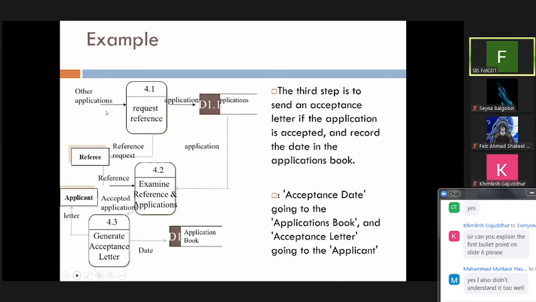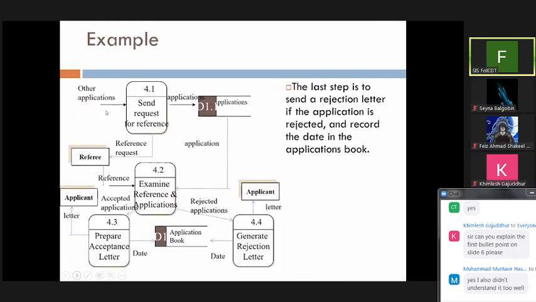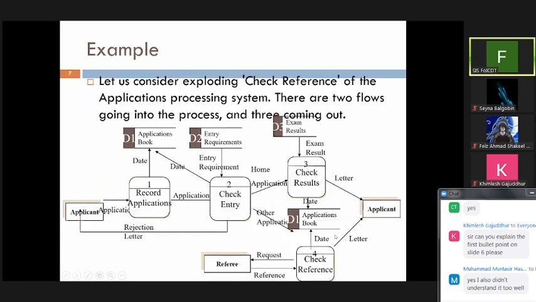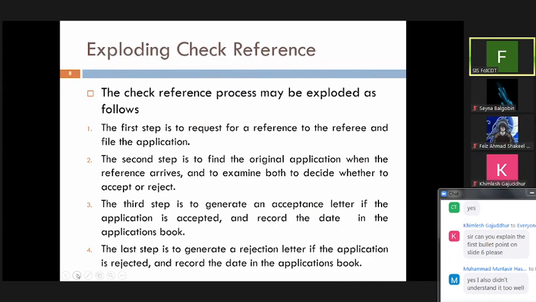Okay, other application and reference. The outputs in the higher level, letter, date, requests. So if you look at this diagram, you have letter, you have date, and you have reference request that goes.